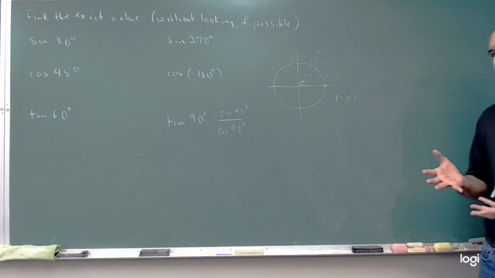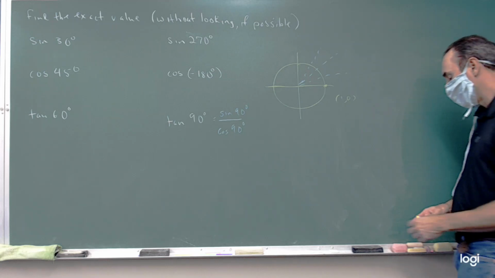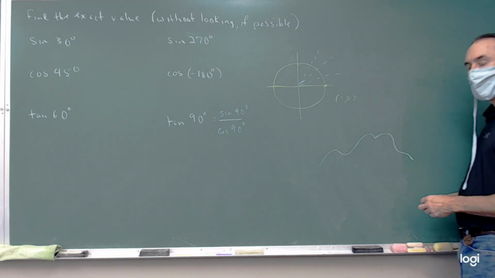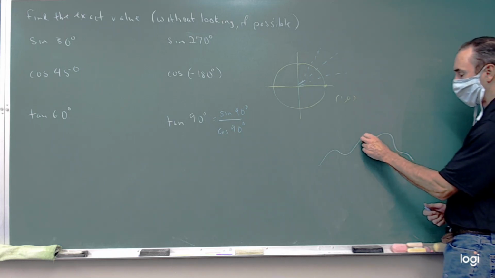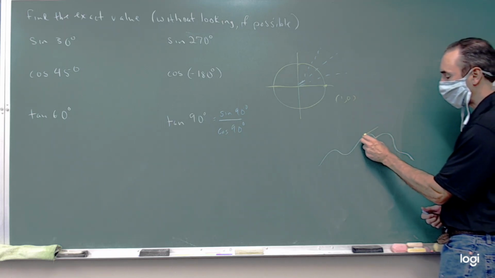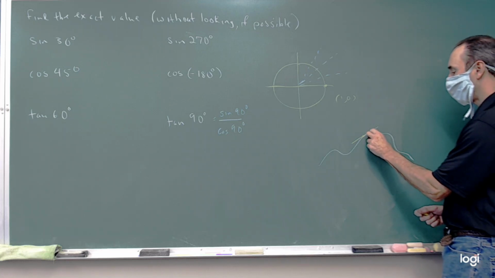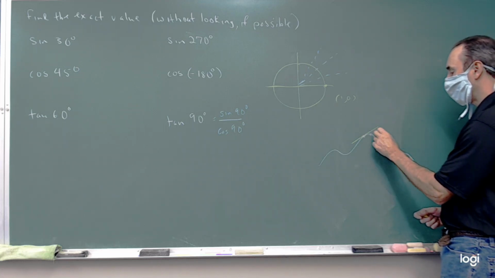We will use next year in calculus the idea that if you take the graph of a function, we are really interested in finding the slope of the tangent line to the curve there. That's a calculus question. In pre-calculus, we could take another point on the curve and find the slope.